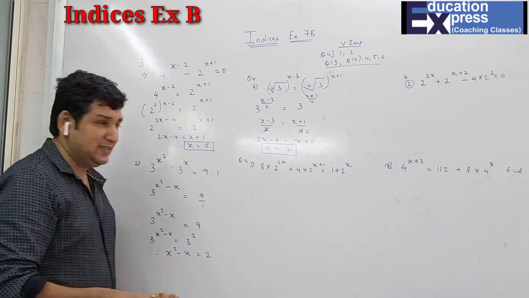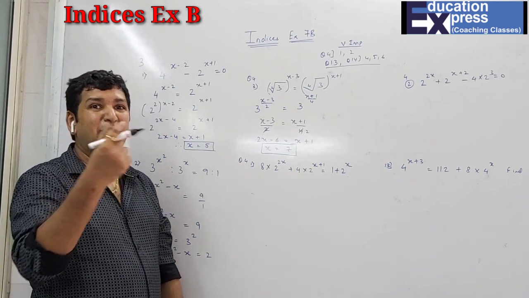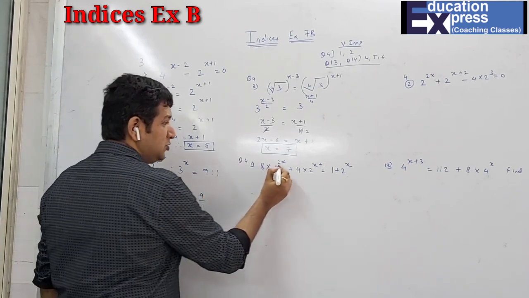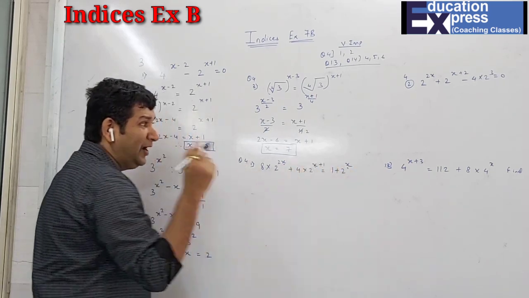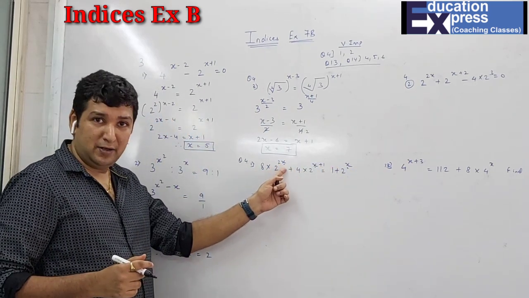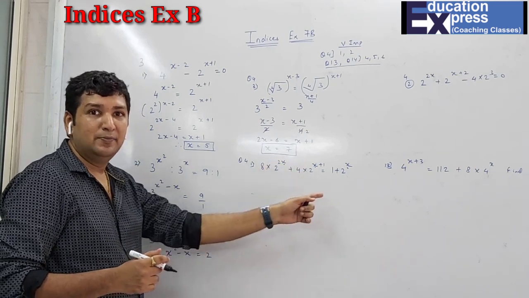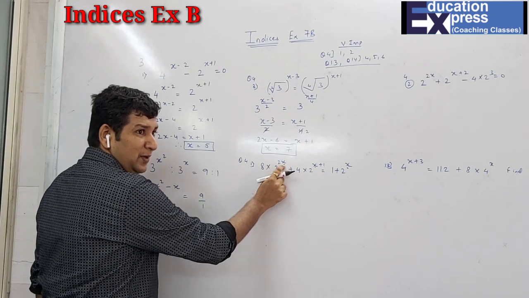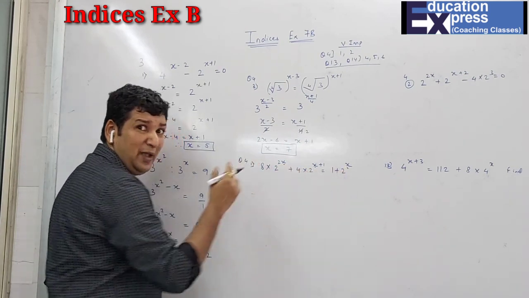So in that case, whenever you have certain things whose power is a variable, you can see the power is a variable, the power is a variable, the power is a variable, where the power is a variable, that base is common. That means here power is variable, base is 2. Power is variable, base is 2. Power is variable, base is 2. That means the base is same.